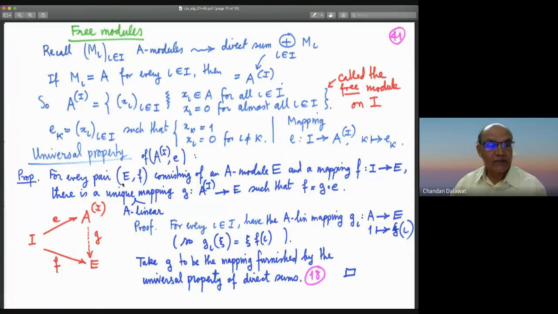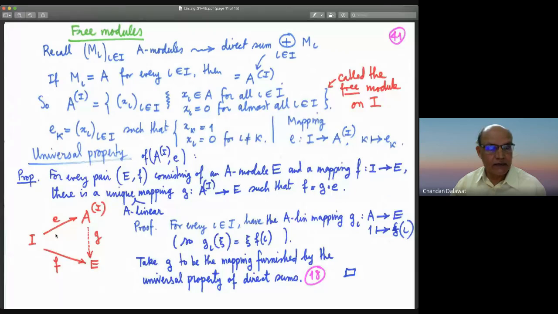It says that if I'm given any other pair consisting of an A module E and a mapping f from I into E, then there's a unique A linear mapping g. Of course, this mapping little f is not A linear, because I is not a module, it's just a set. But this little g is an A linear mapping from this free module to E, such that f is equal to g composed with iota.